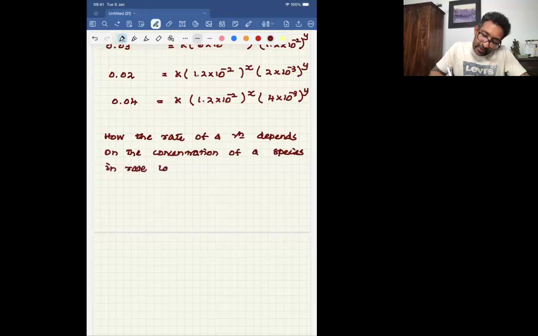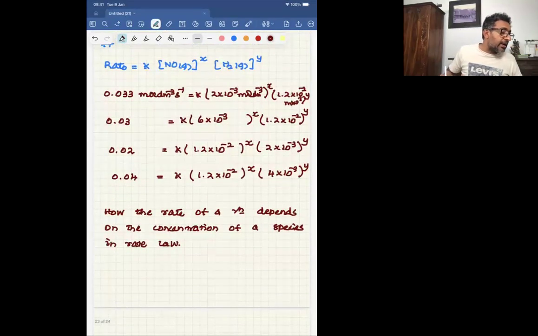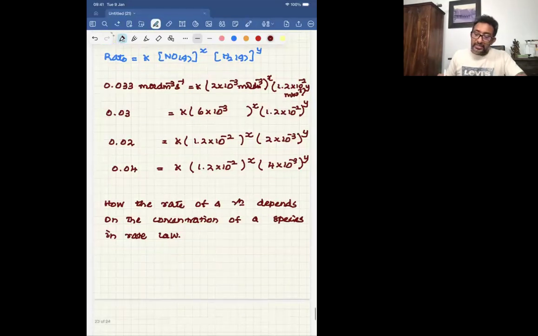This is measured experimentally, right? You calculate this by doing experiments, and calculate the order with respect to NO and the order with respect to hydrogen.